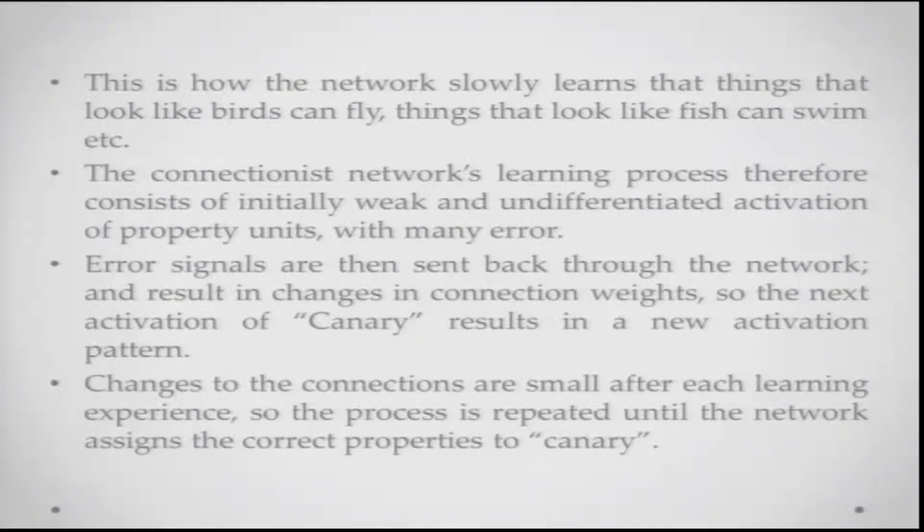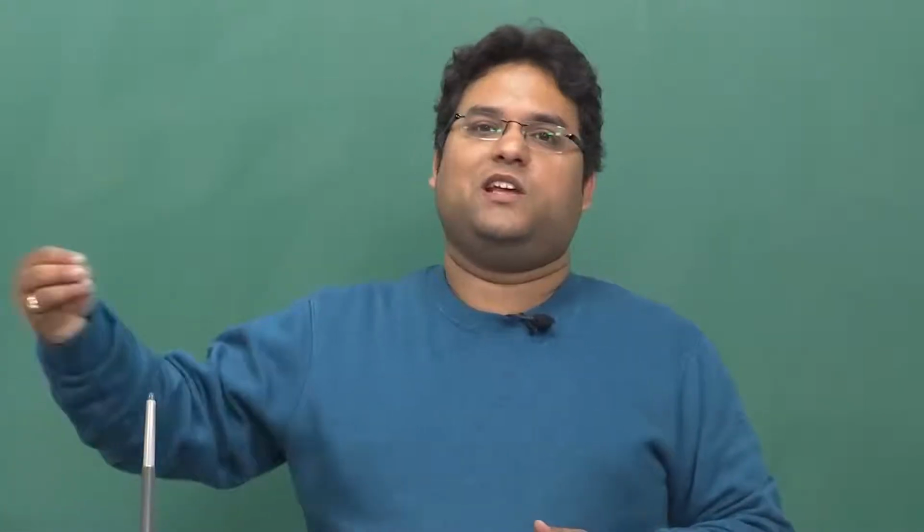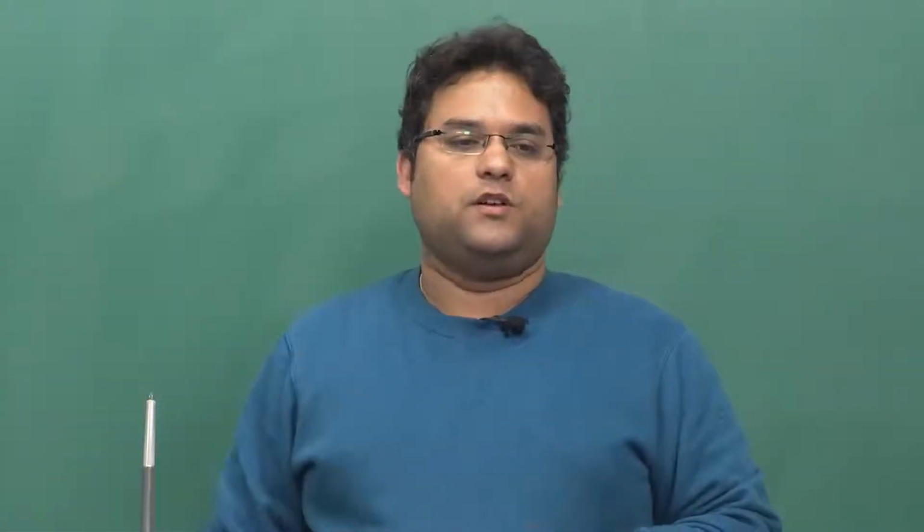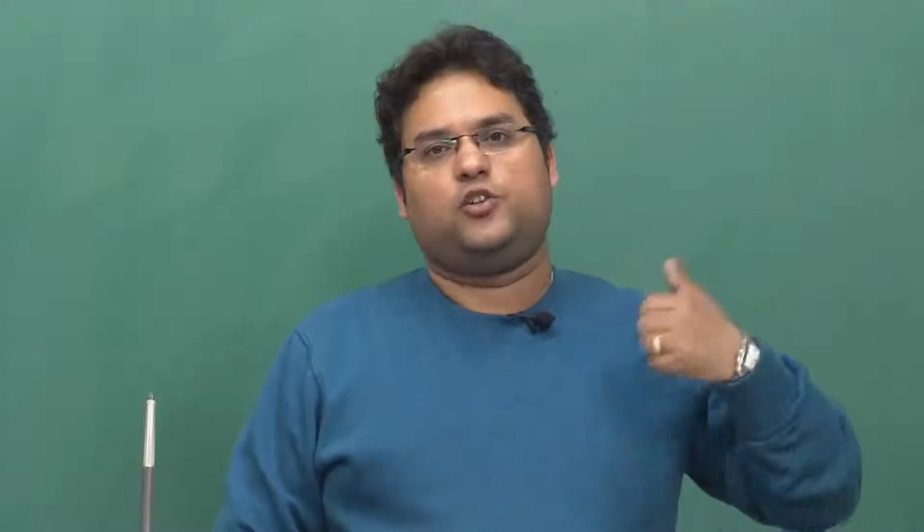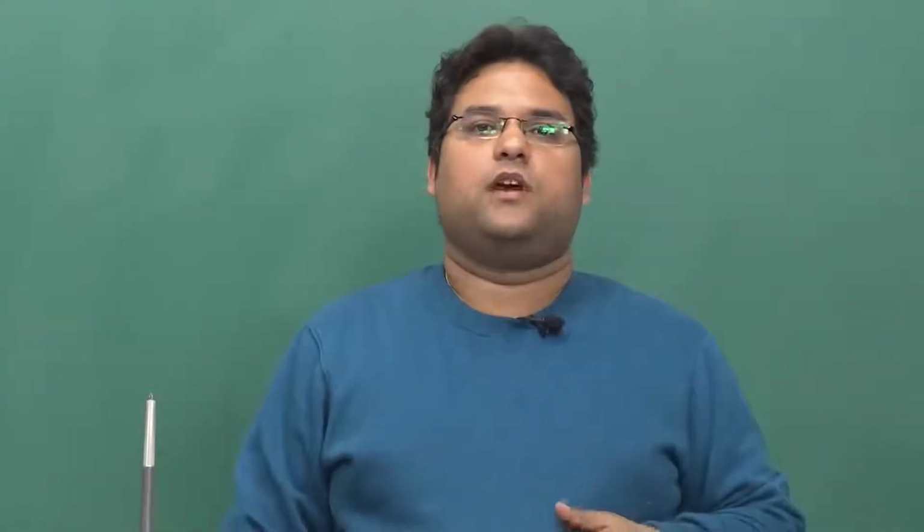But after every trial, these error signals are sent back through the network, leading to modification in the connection weights. Every time the connection weights are adjusted so that the next trial is better, the next trial leads to less error and more correct response. So, activation of canary should lead to a different kind of activation pattern after a particular number of trials.